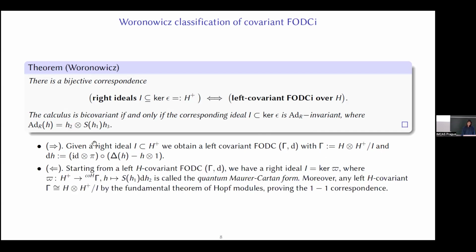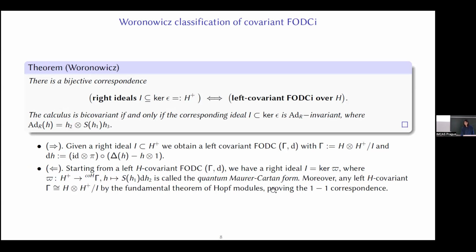The other way around, you start from a left covariant first-order differential calculus, and then you get a right ideal inside the kernel of the counit as the kernel of this map, which is usually called the quantum Maurer-Cartan form, which is proven to be surjective onto the left coinvariant forms of the calculus.